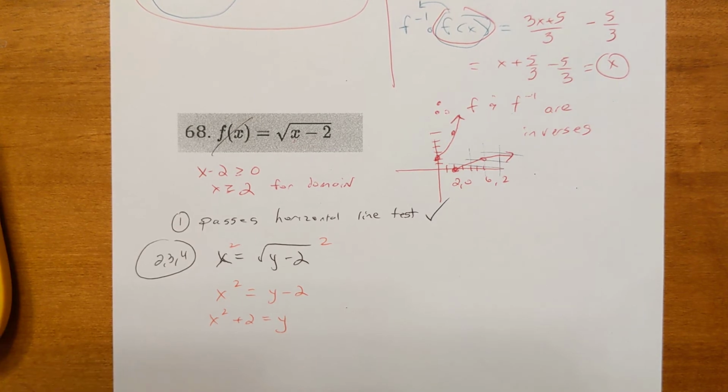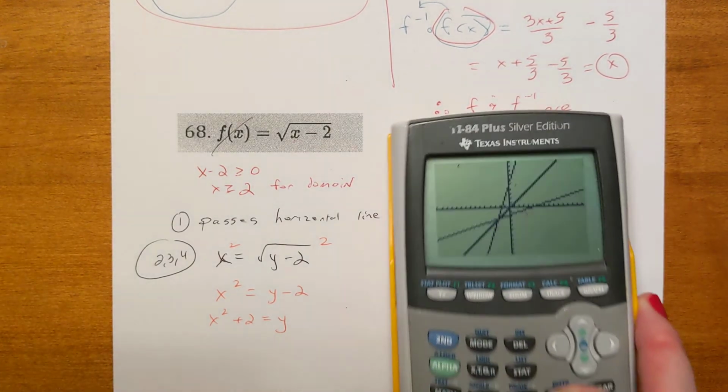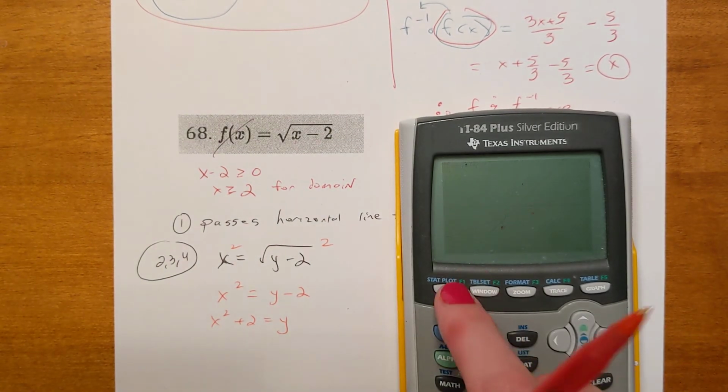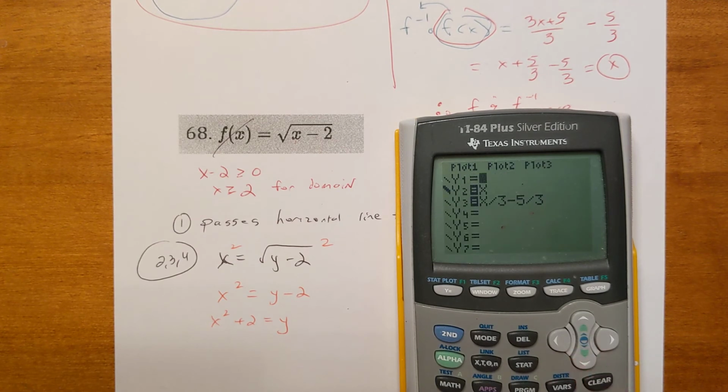And you'll see that if we graph it, all right, let's do the graph so we can look at it here. We got the original one here, square root of x minus 2. And then we got the line we're reflecting over, y equals x. And then last of all, we've got our inverse, which was x squared plus 2.